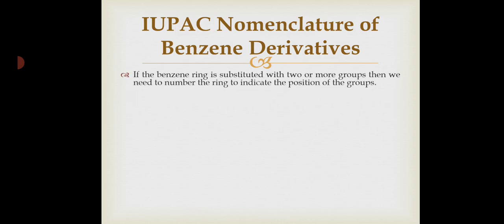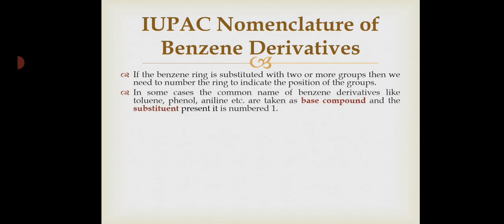Now, just like you have seen in the earlier videos, we have to follow certain sets of rules while naming a compound. So, while writing the IUPAC nomenclature of benzene derivatives also we have to follow certain sets of rules. So, what is that? If the benzene ring is substituted with two or more groups, then we need to number the ring to indicate the position of the groups.